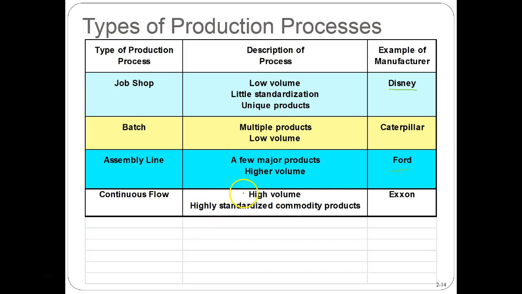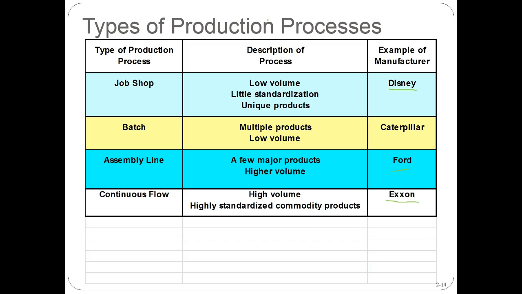And then continuous flow, which is high volume, highly standardized commodities. If we're talking about Exxon, refining gasoline, or making taffy or something like that, where it's a very standardized process, then once again, we're going to treat that somewhat differently in terms of how to allocate the cost. So depending on the type of production process, we will allocate the cost slightly differently.